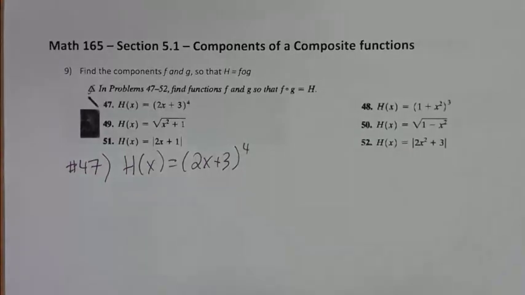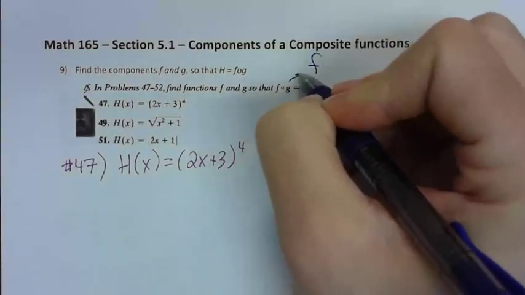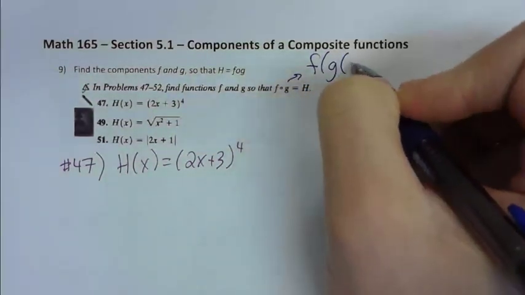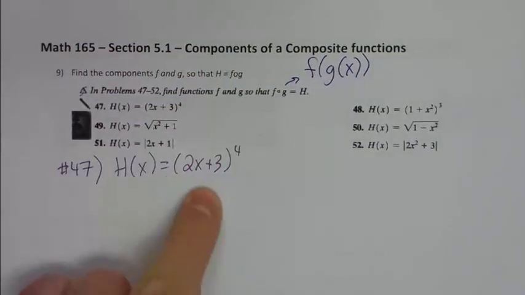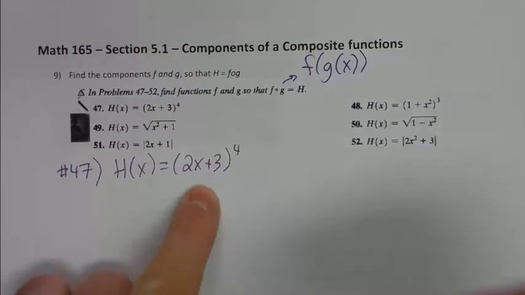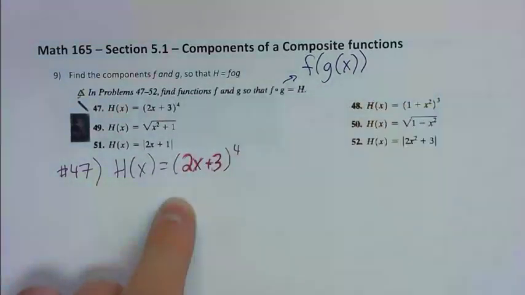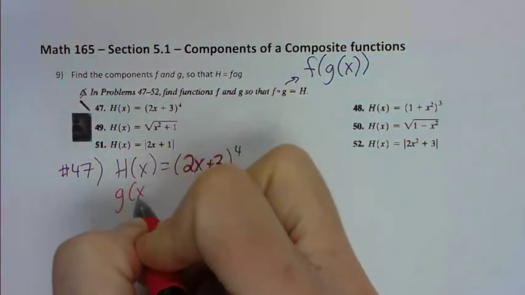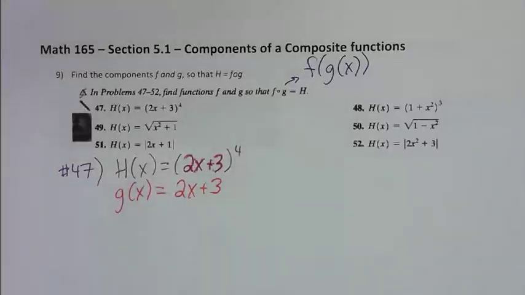And we want to know, well, this f of g of x part means that we have f and then g inside of that. So the inside part of this one looks like it's this 2x plus 3 part. So that means that our g of x would be equal to 2x plus 3.